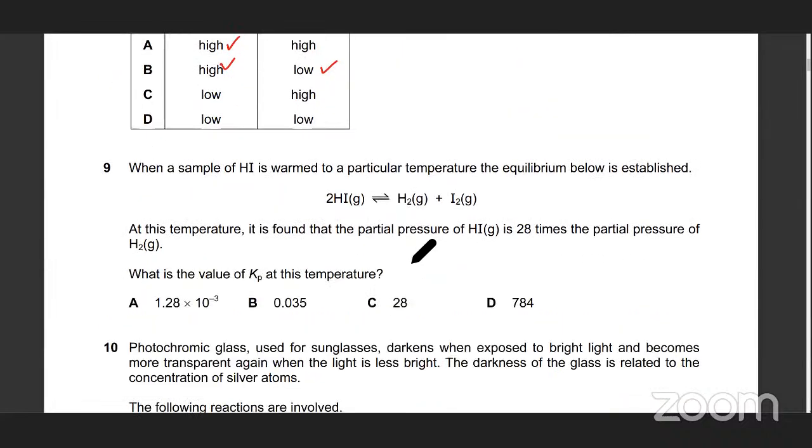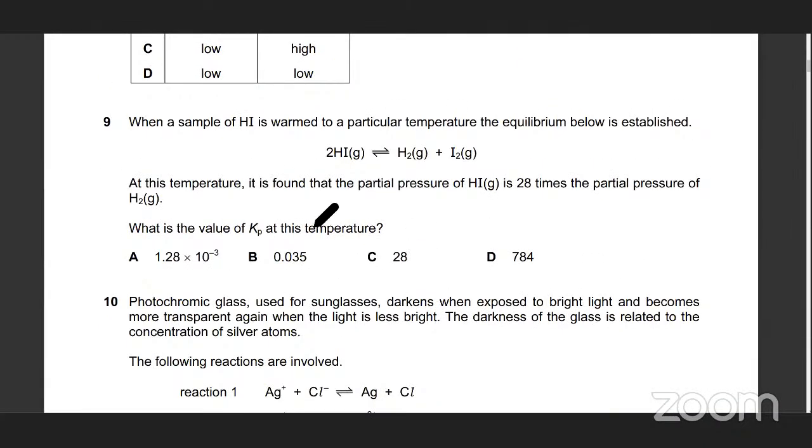Next, this one is about Kp. What's happening in this question is that when a sample of HI is warmed to a particular temperature, the equilibrium below is established, and at this temperature, it is found that the partial pressure of HI is 28 times the partial pressure of H2.